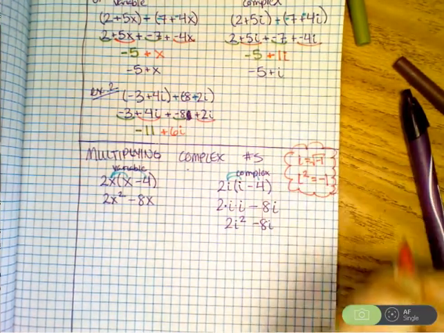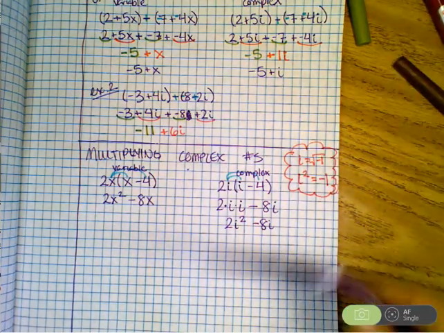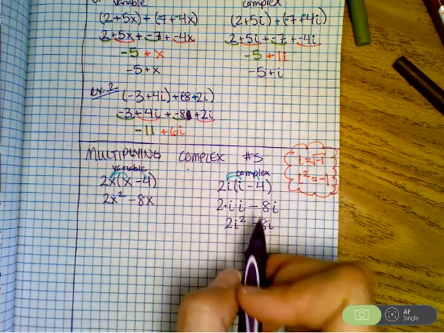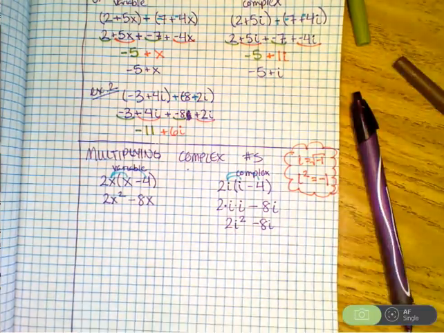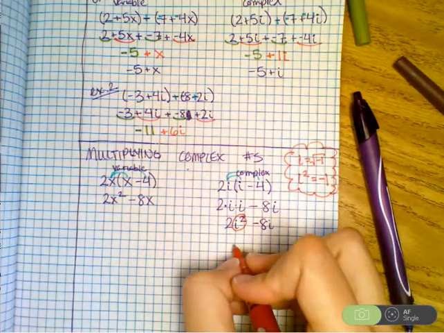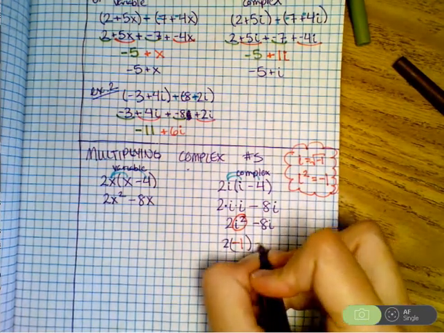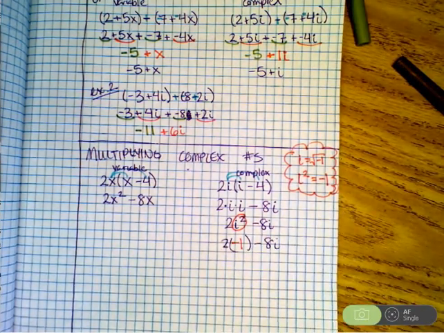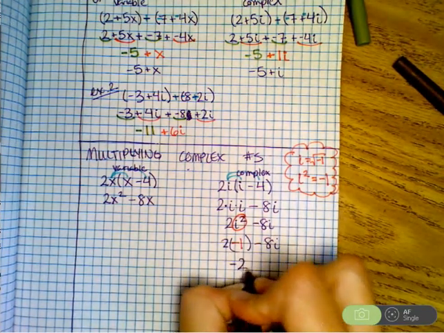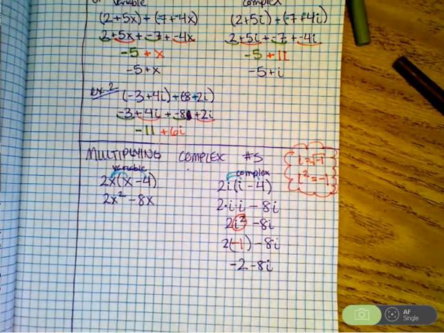So remember before when I said you can make imaginary numbers real, the way you do that is you multiply them together. So i times i, this i squared, we're going to replace with a negative 1. So we're going to make this 2 times negative 1 minus 8i. But 2 times negative 1 is just negative 2. So we end up with negative 2 minus 8i.